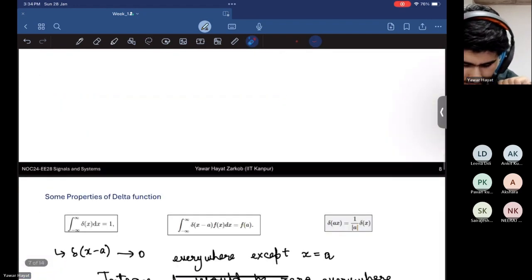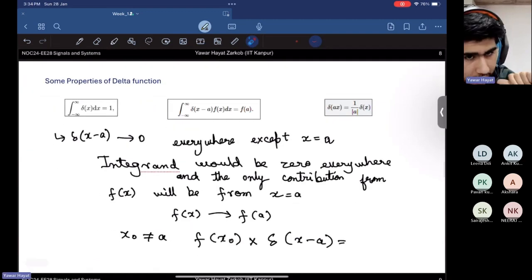Similarly, in general, delta of x minus a would be 0 everywhere except at x equal to a. Was I audible thus far? Yes, sir.